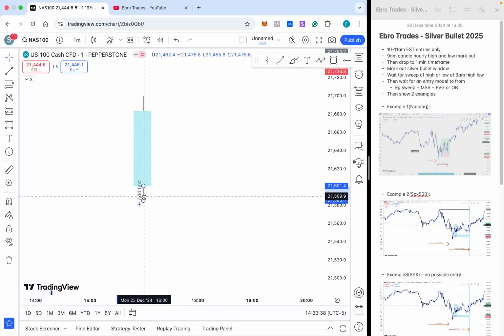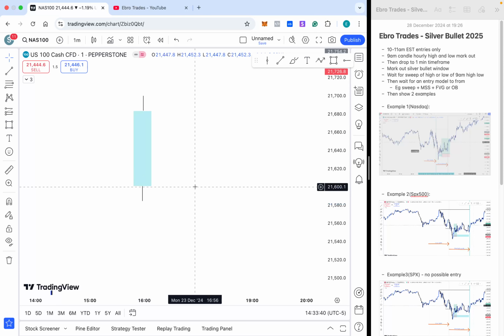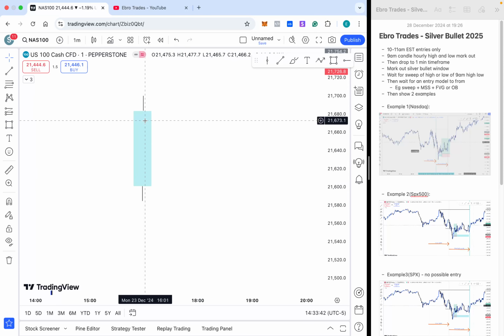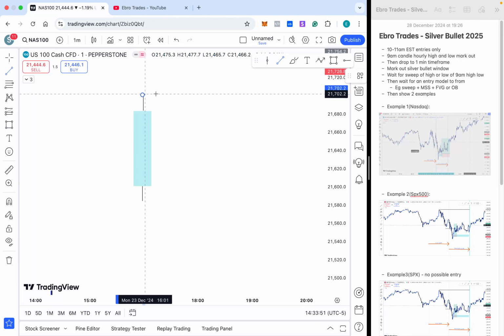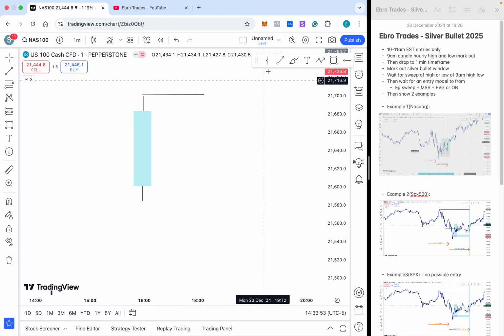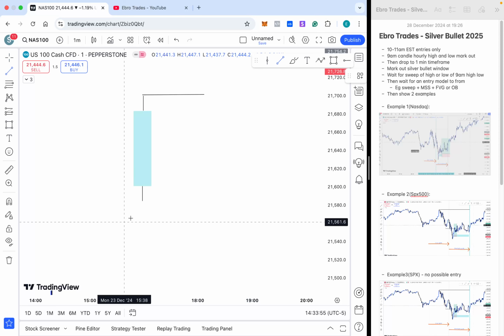We are going to wait for 10 a.m. to pass such that this candle closes, and we're going to immediately mark out the high and low of this candle. So this is 9 a.m. candle high and 9 a.m. candle low.